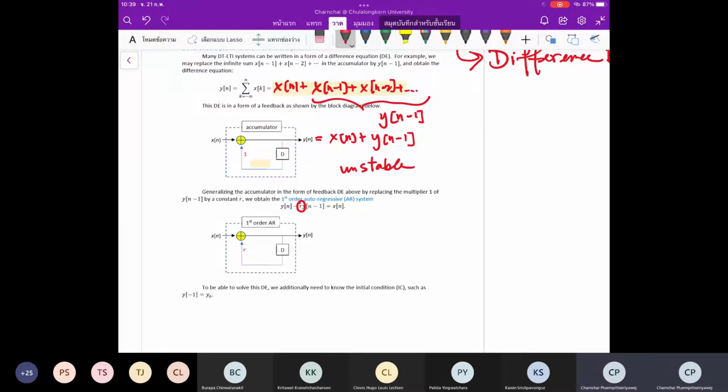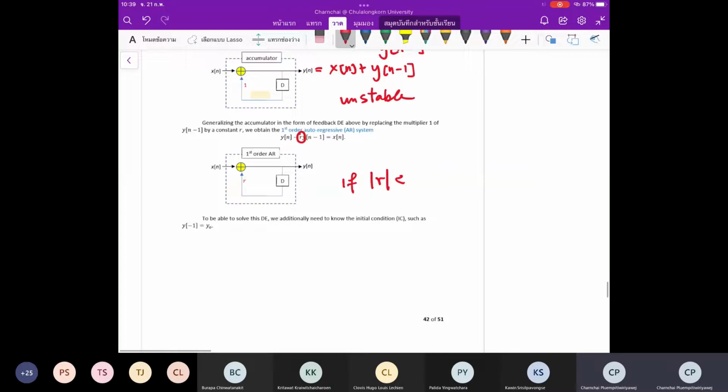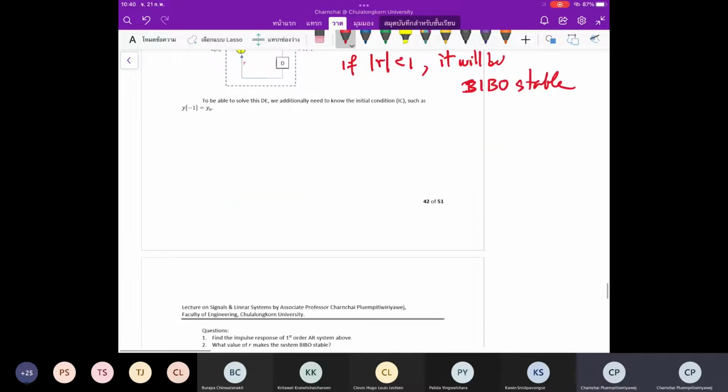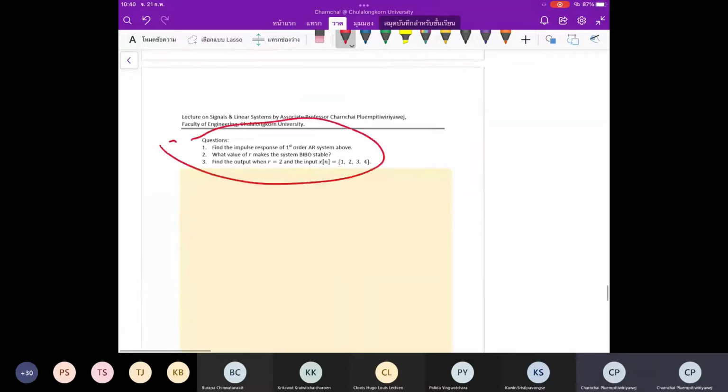And over here we see if absolute r is less than 1, it will be BIBO stable. That's our conclusion, and then we did this whole thing, right?